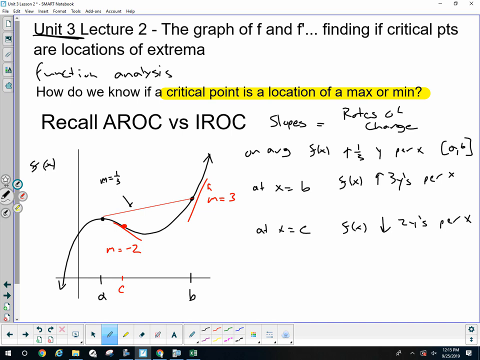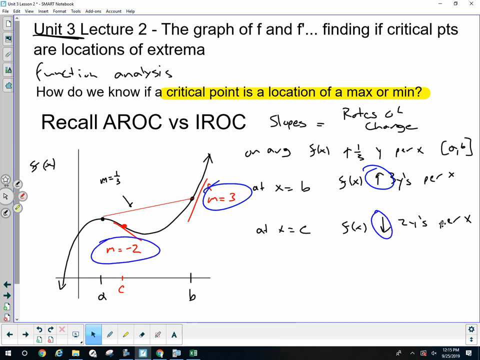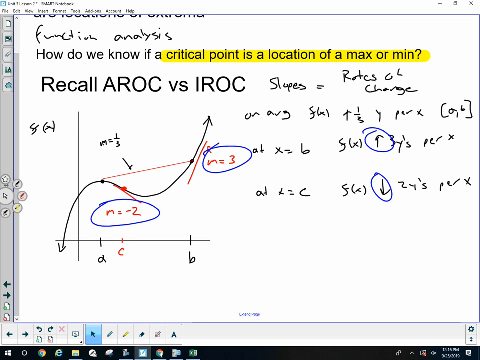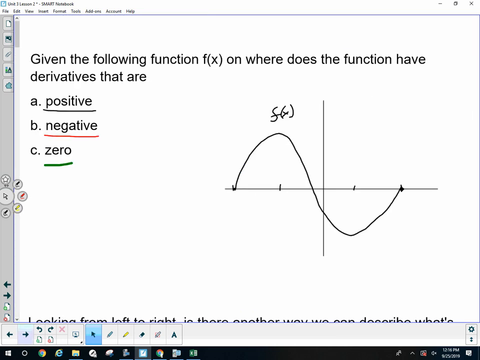And the overall thing that we want to take away from this is that when a slope is positive, my function is going up from left to right. When a slope is negative, my function is going down. It's decreasing in its y values or increasing in its y values. Decreasing, increasing, we will see when. I'm not going to sketch the tangent lines, but pretend like I'm sketching tangent lines here.